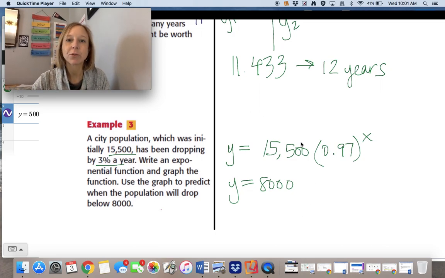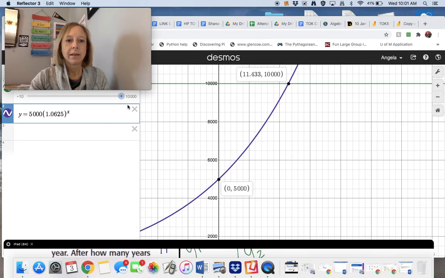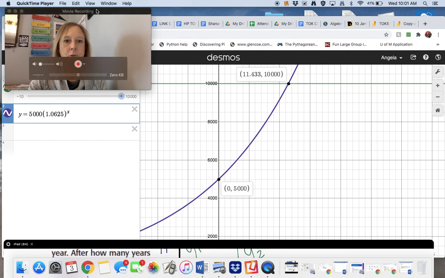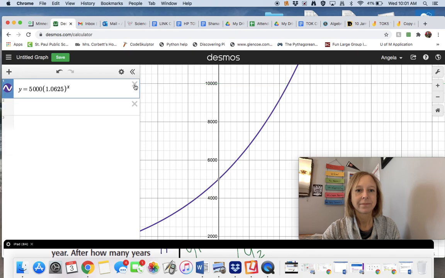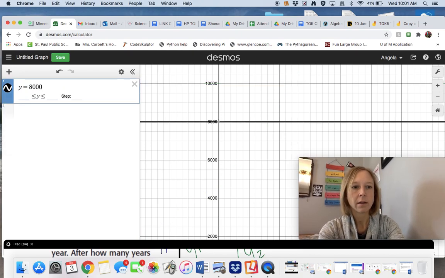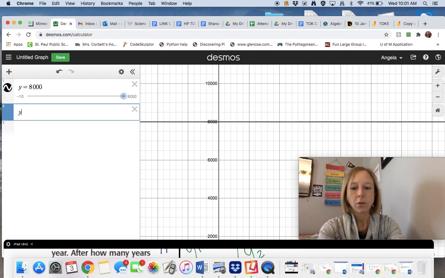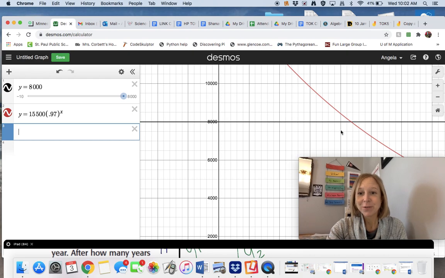Let's head back to Desmos one more time. All right, move my head again. We'll go down here for fun. All right, y equals 8,000, and then y equals 15,500 times 0.97 to the power of x. Our window works.